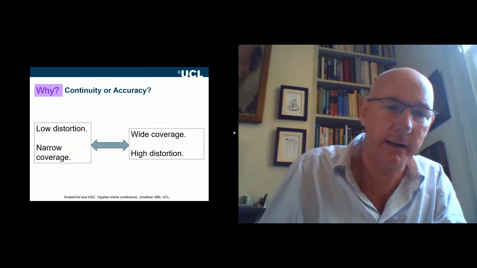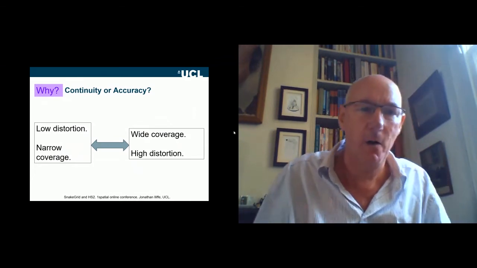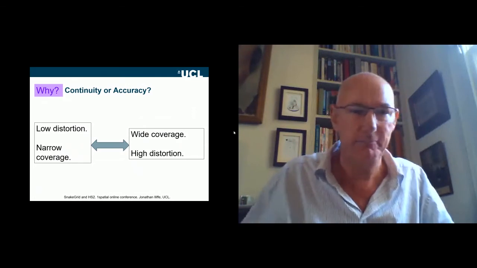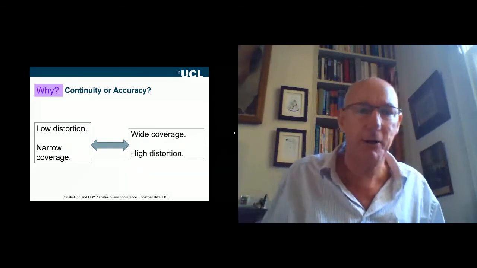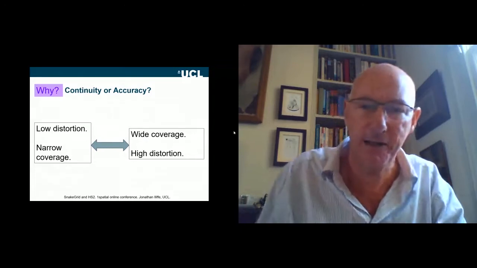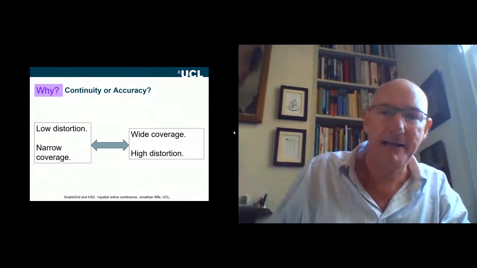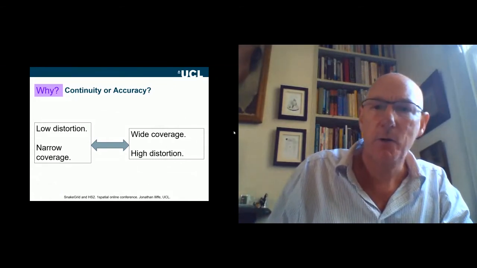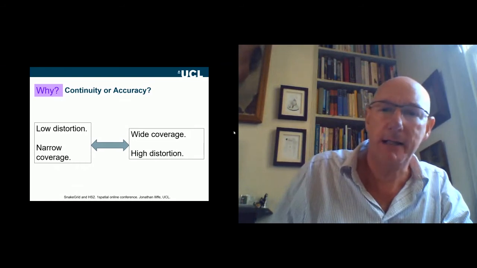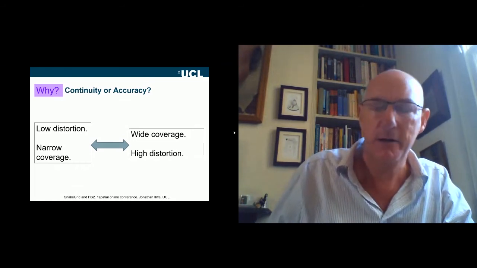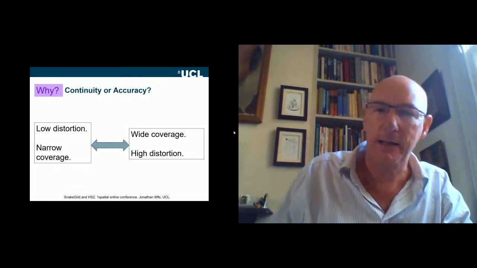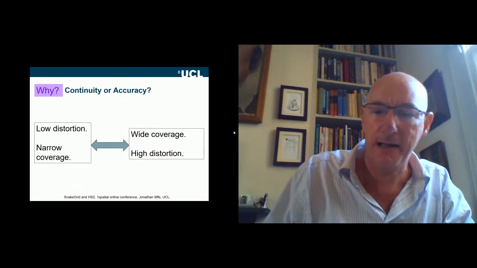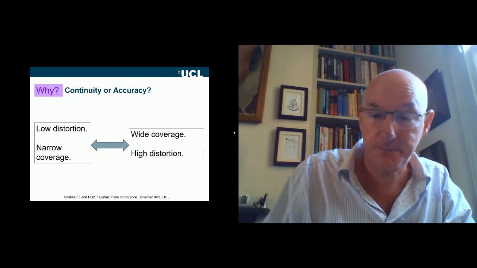We can have these very low one-to-one relationships for site grids for something maybe the size of a London borough, but not the size of HS2. On the right-hand side, we've got coordinate systems like the Ordnance Survey National Grid, which have wide applicability but correspondingly high distortion. We'd like a coordinate system which has wide coverage but a low level of distortion.